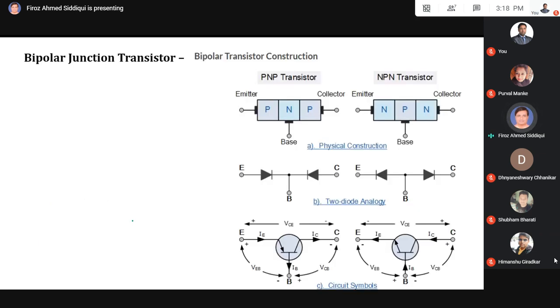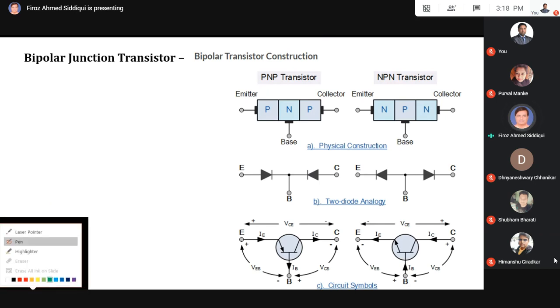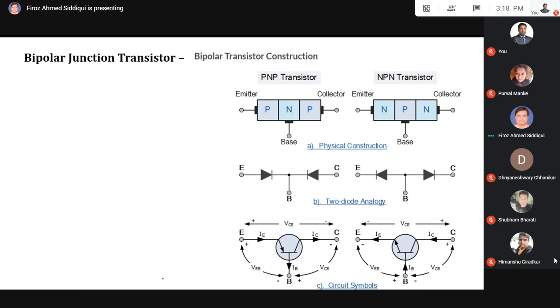Let's move to the bipolar junction transistor, that is BJT. BJT जिसको आप ट्रांजिस्टर भी बोलते हैं. So why is it called bipolar?